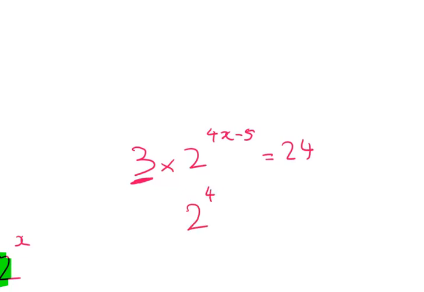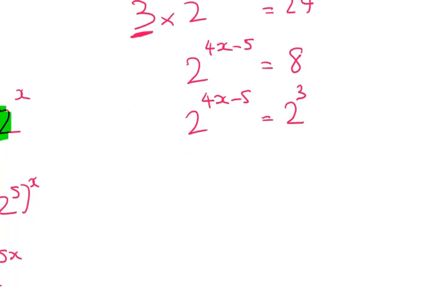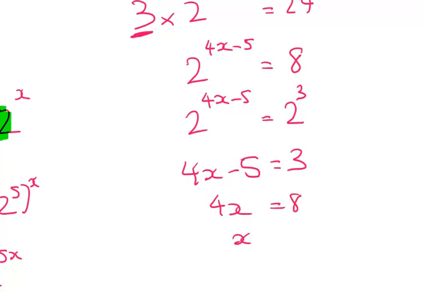And then it becomes very easy after that because we get 2 to the 4x minus 5 is equal to 8. So 2 to the 4x minus 5 is equal to 2 cubed. And again, we're back with the same base, so we equate the powers. 4x minus 5 equals 3, 4x equals 8, and that gives me x is equal to 2.